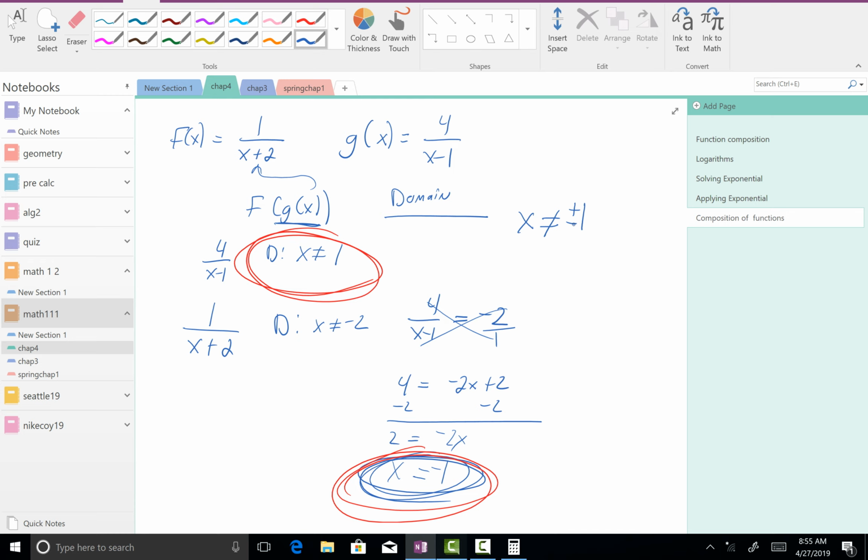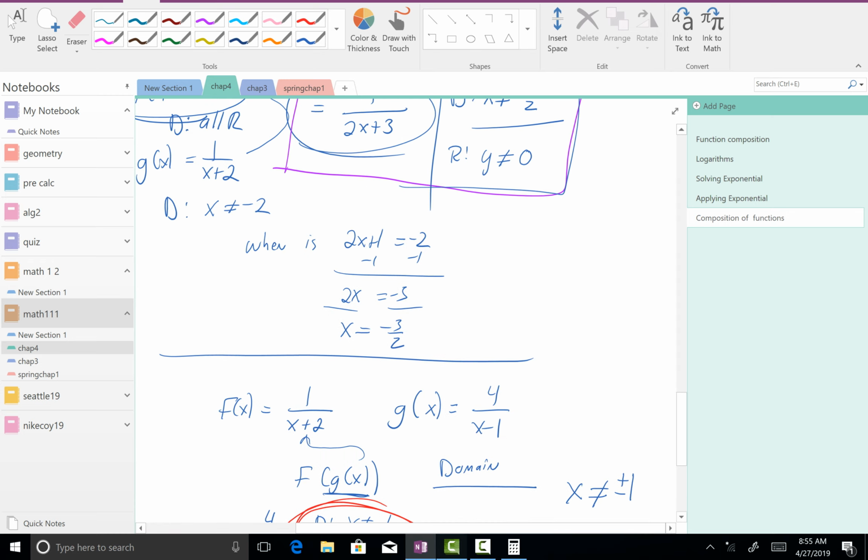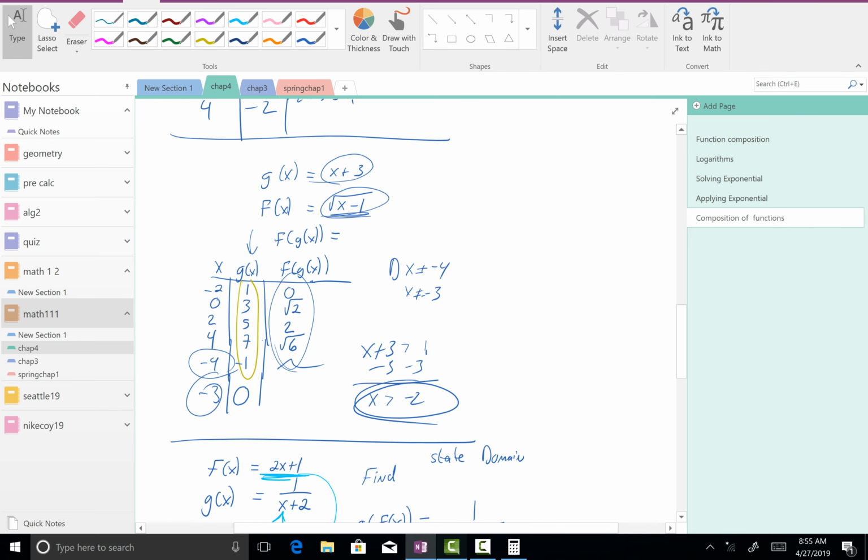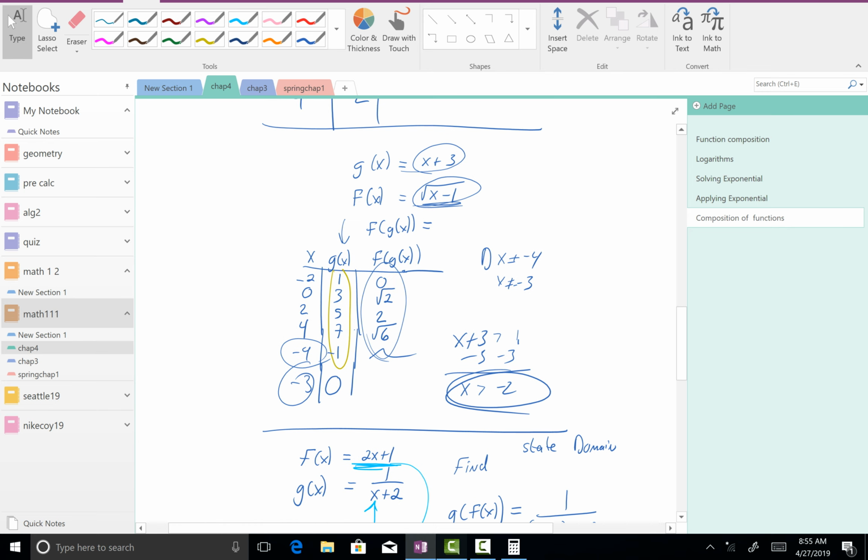Okay, so I want to take us back up to here. Here are our original inputs. If we have any issues with the very first function, as far as the domain is concerned, then we're going to kick those out right away.